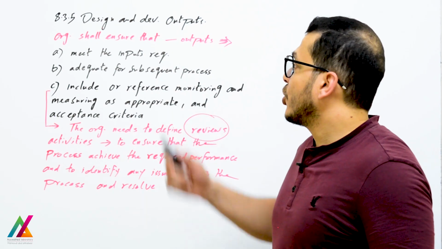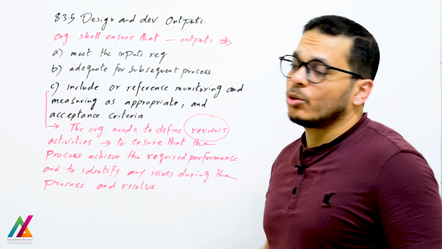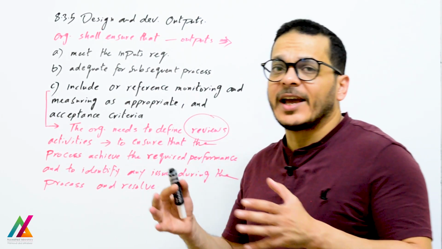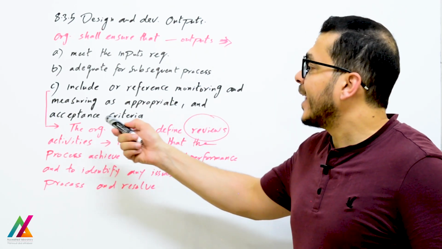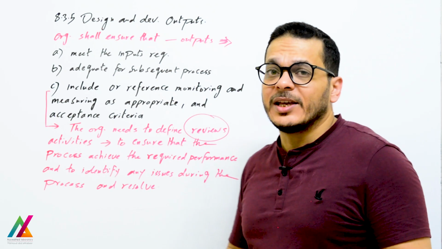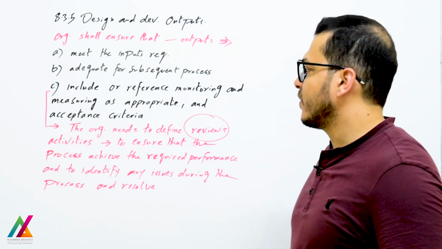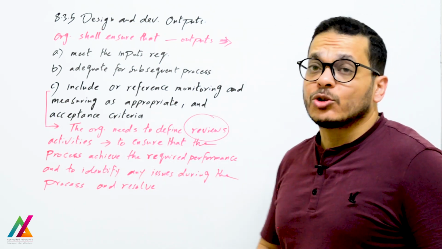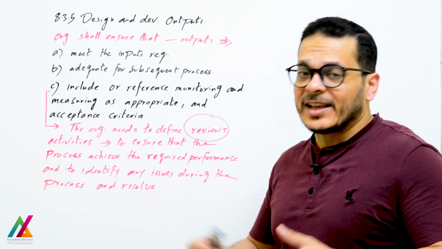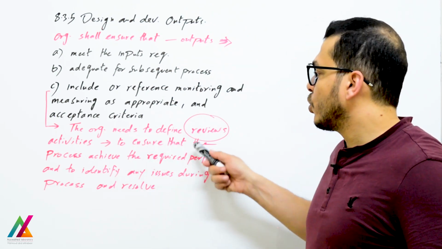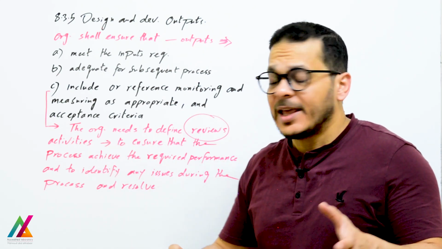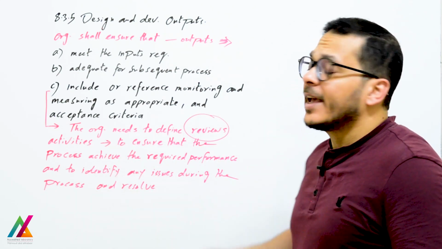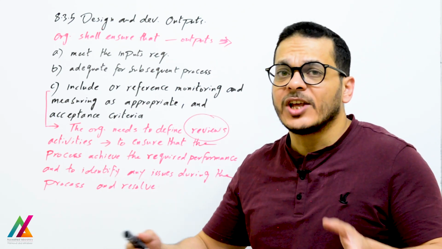And also the organization shall ensure that outputs include or reference monitoring and measuring activities as appropriate, and acceptance criteria also shall be defined for the product or service. So the organization needs to define review activities during the process to ensure that the process achieved the required performance, and to identify any issues during the whole process and resolve them.